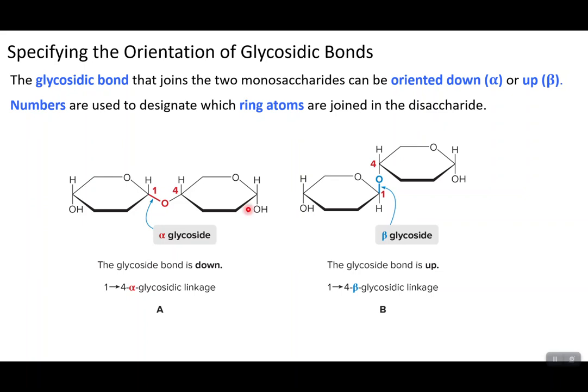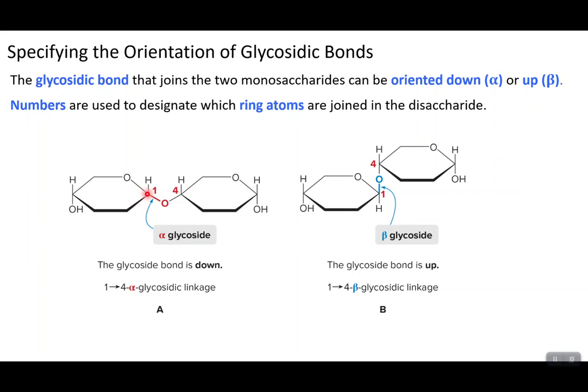So here's an example of such a case where we have our two monosaccharides. Here's the first monosaccharide, here's the other monosaccharide. And then we're going to need to locate the glycosidic bond. Again, the glycosidic bond is going to be the bond that comes off your anomeric carbon. So the first thing you need to do is locate your first monosaccharide and locate the anomeric carbon, which is this one here.